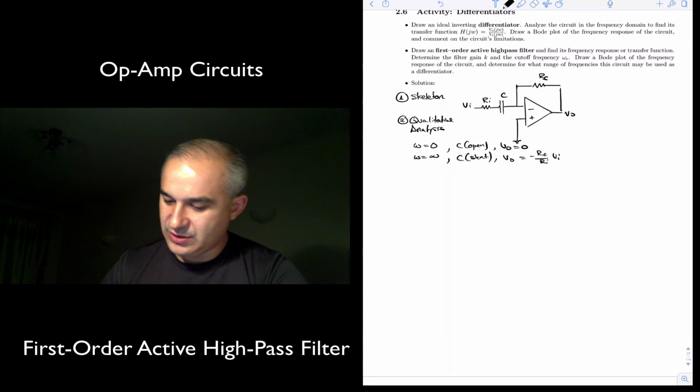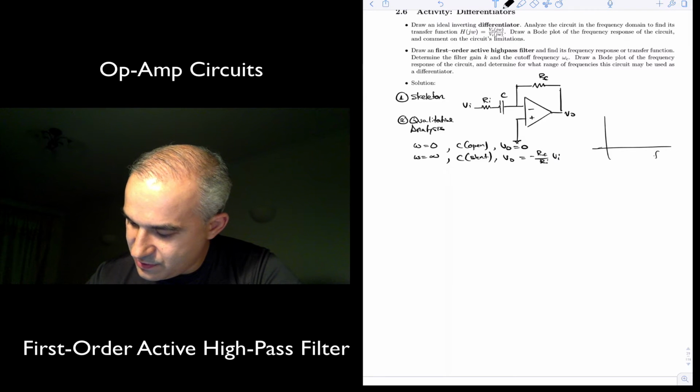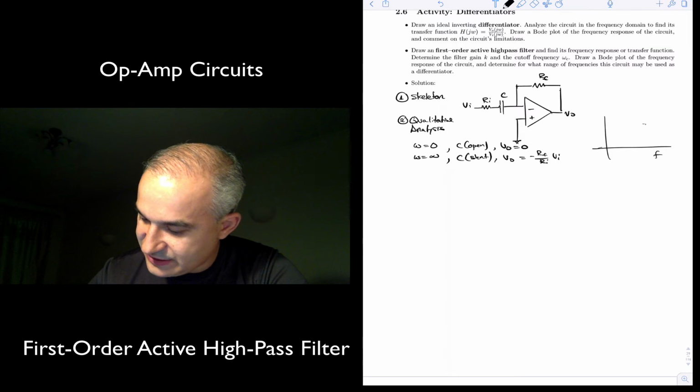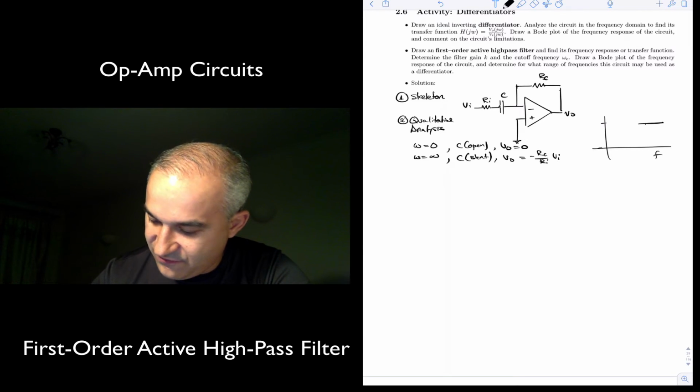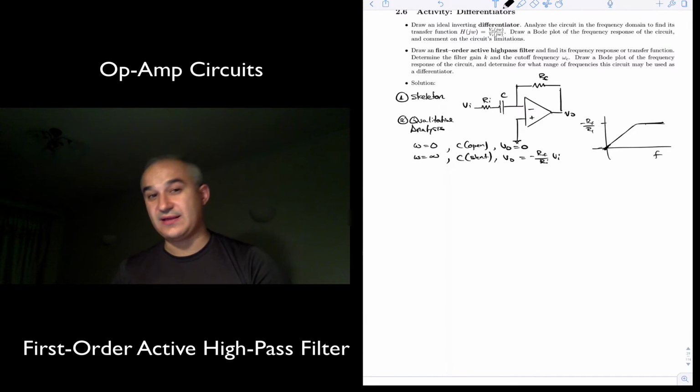Great. So what do we expect in terms of a frequency response? At some high frequency, this is going to have the gain of minus RF over Ri. At 0, it's going to have a gain of 0. So something like that is what we expect.